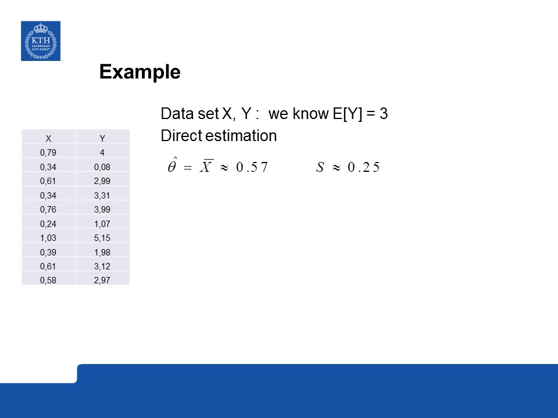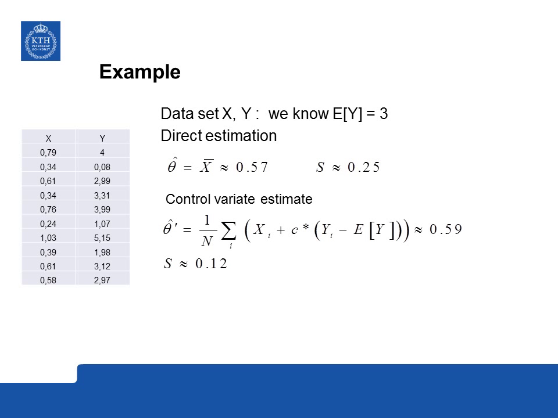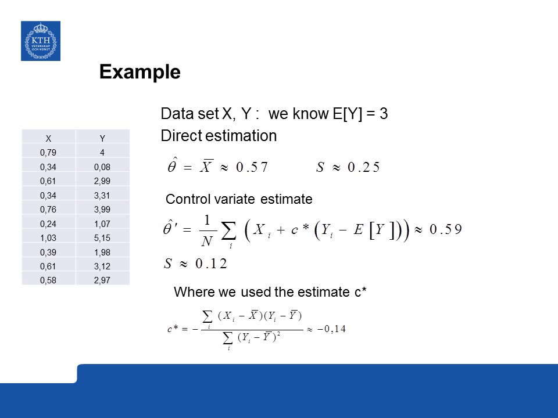So now what we do is we do a control variate estimate, and instead of just using x, we add c star times y minus the expectation of y to our estimator, and we have used the estimate of the covariance to get c star.